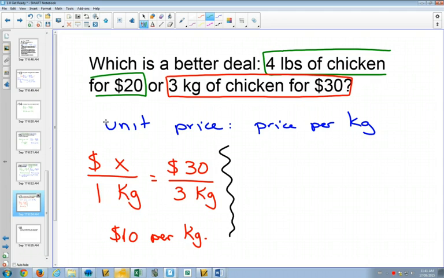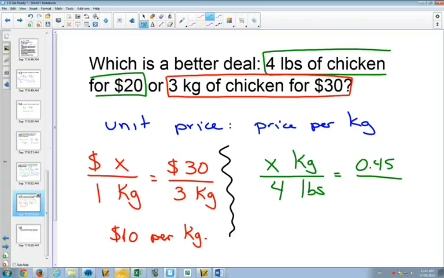And we start by saying, I don't know how many kilograms that is, but I know that I have 4 pounds. And then on my formula sheet, one pound is 0.45 kilograms.